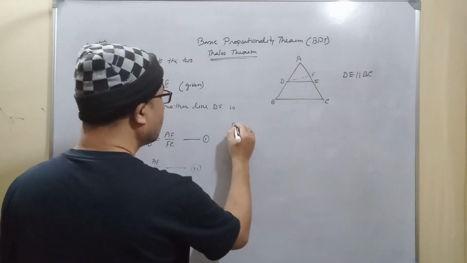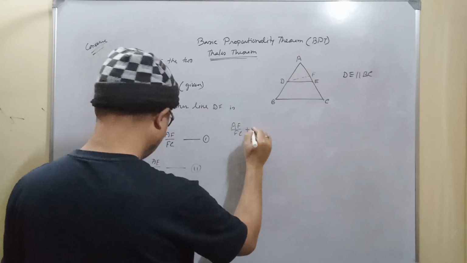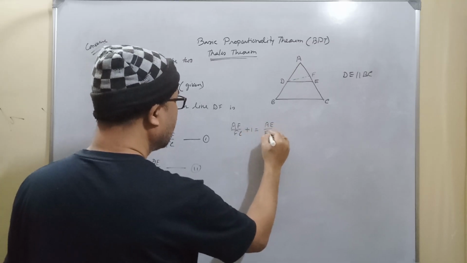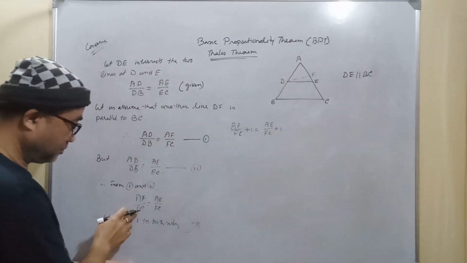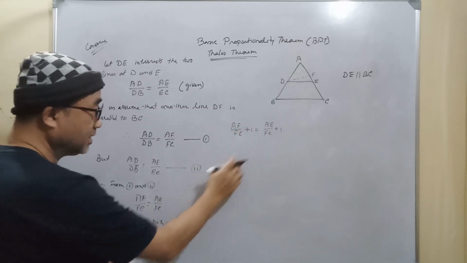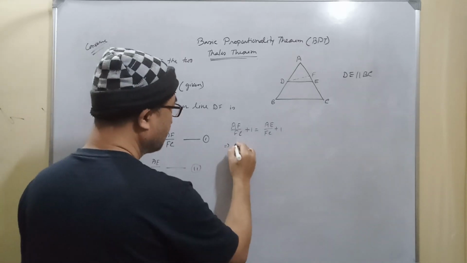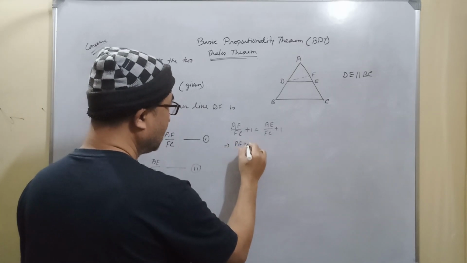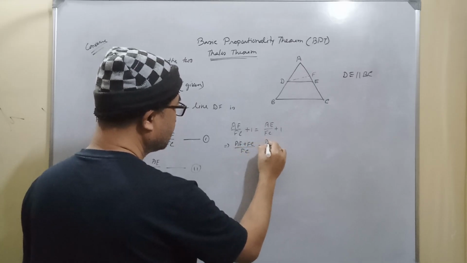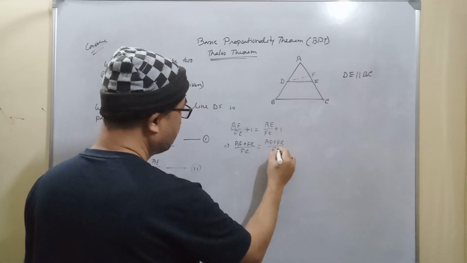Okay, then we get AF by FC plus 1 is AE by EC plus 1, which implies AF plus FC by FC is AE plus EC by EC, right?